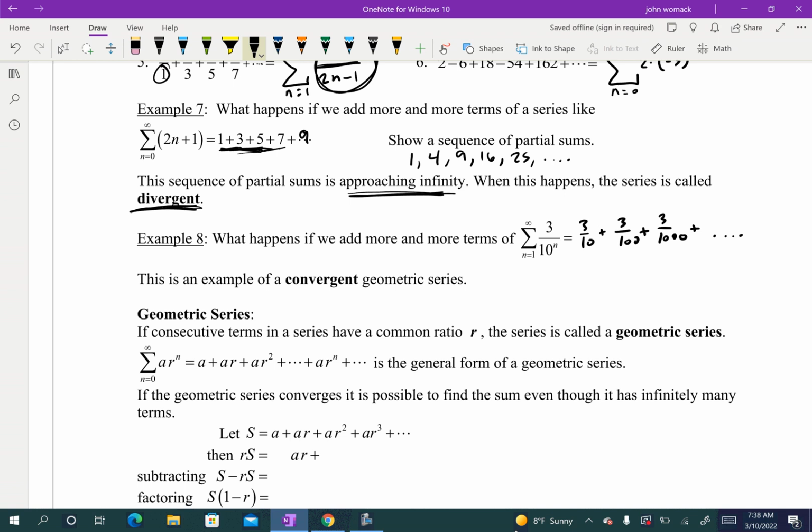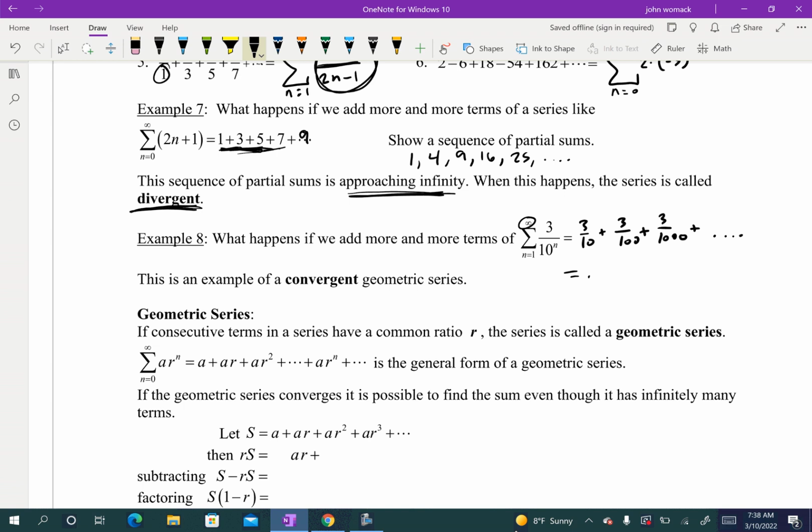So think about what's happening with this one, and this is kind of weird. Sometimes this blows our minds because this series is infinite. We're going to keep adding more and more numbers, but as we do, these sums actually converge on an actual number. Probably the best way to illustrate this is to think of it as a decimal.